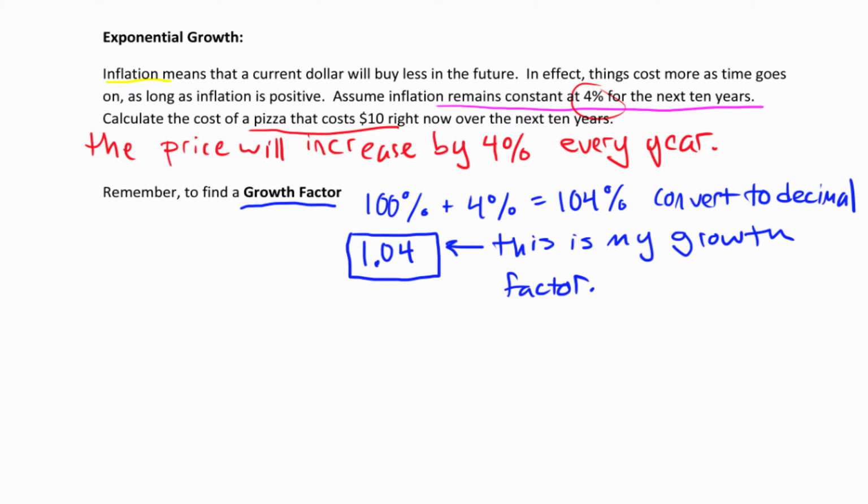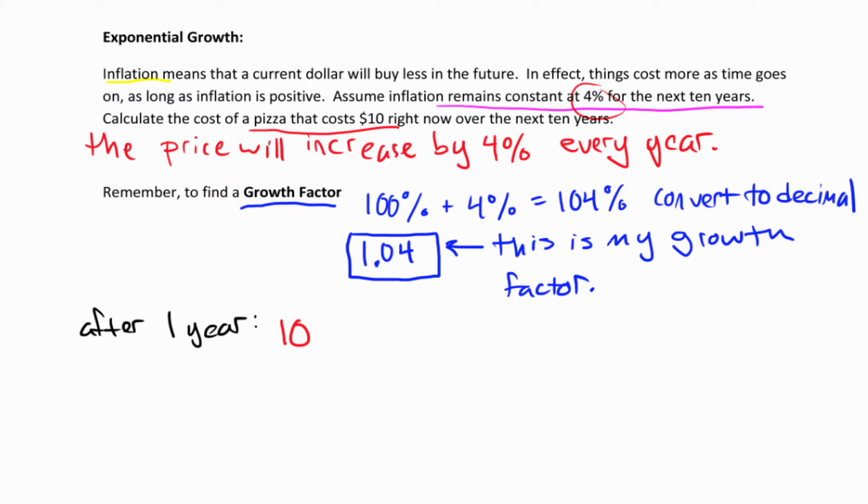Okay, so now what we're going to do is look at what happens to this pizza over 10 years. So after 1 year, this pizza was $10. So here's my starting price of $10.